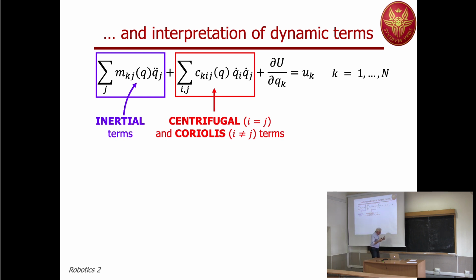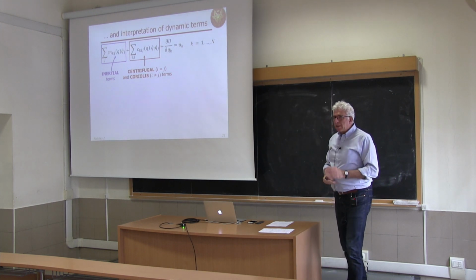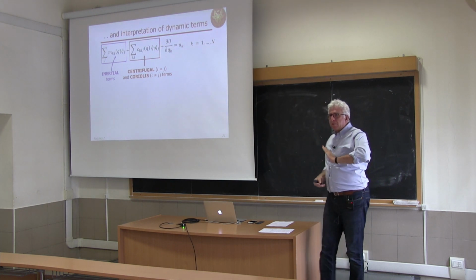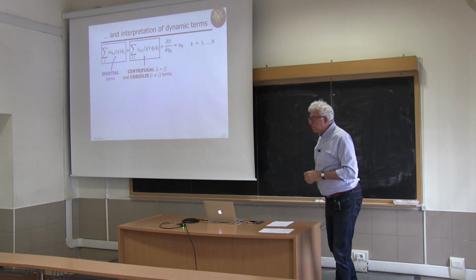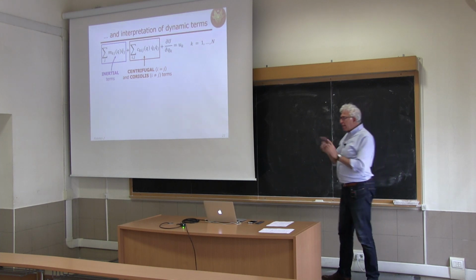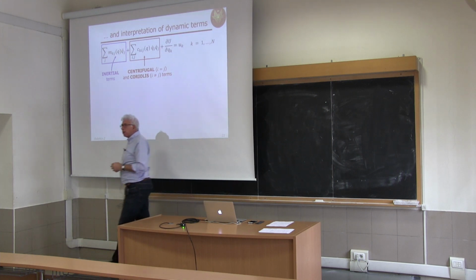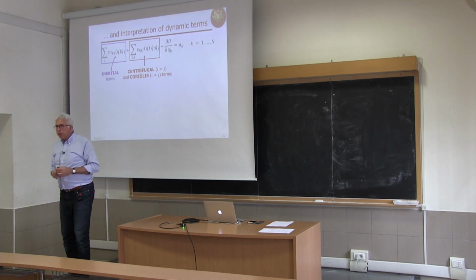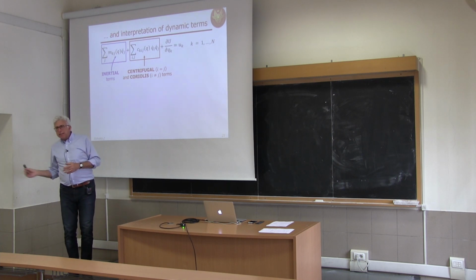You may remember from a basic physics course that a typical Coriolis effect is when you have, let's say, a boat moving in the ocean from the equator to the north, while the Earth is rotating, and this gives a coupling of the linear velocity of the boat and the angular velocity of the Earth, which generates a linear velocity sideways.